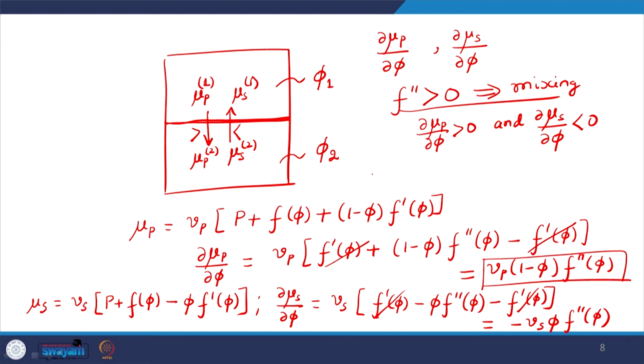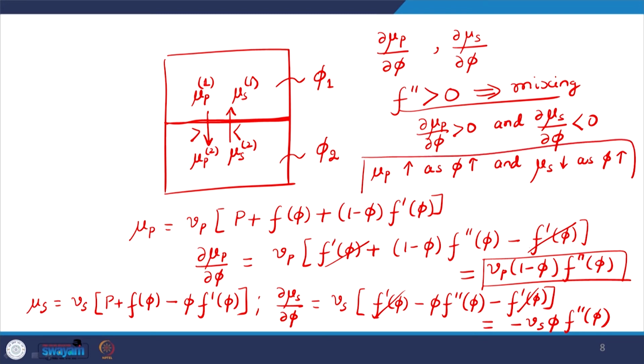So this means that μp is increasing as φ is increasing and μs is decreasing as φ is increasing.